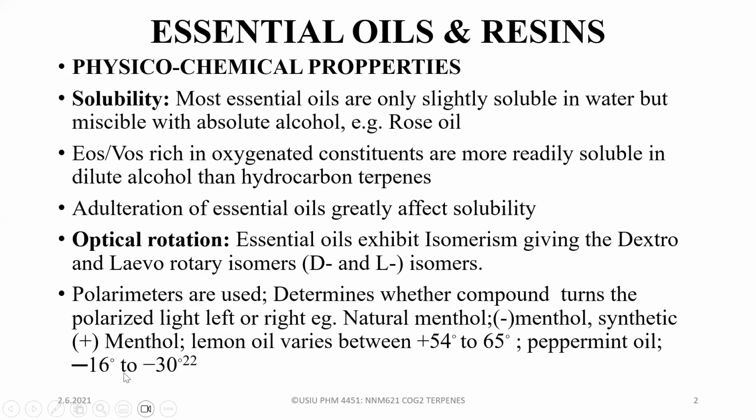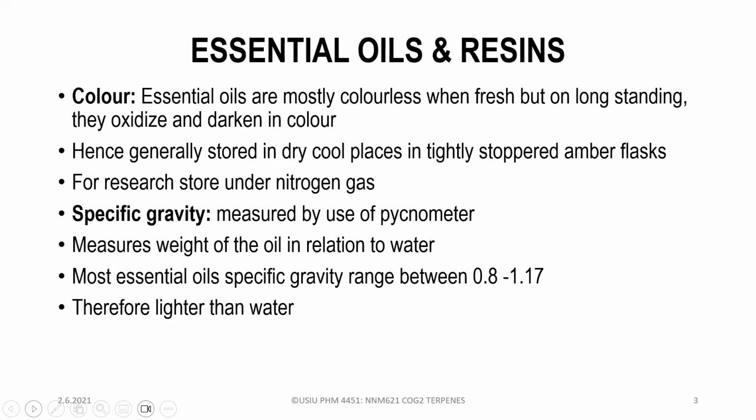Then there are various oils like lemon oil and peppermint oil. Then the next one is color. Most of them are colorless, but when they're left outside and not closed, they oxidize, so they get a darker color.